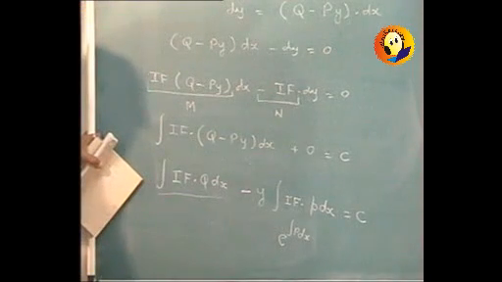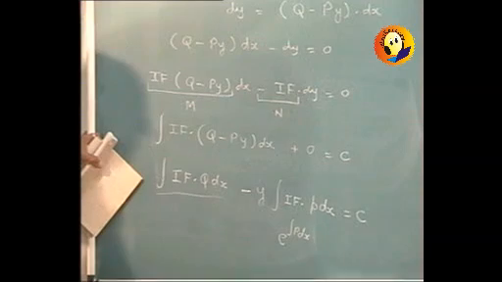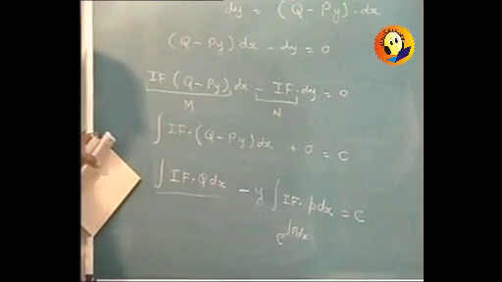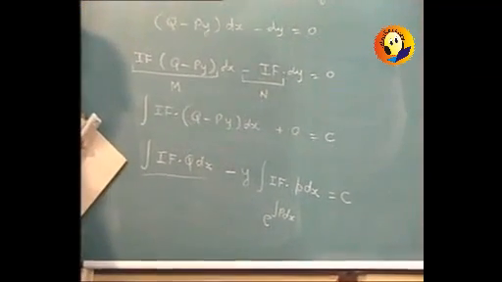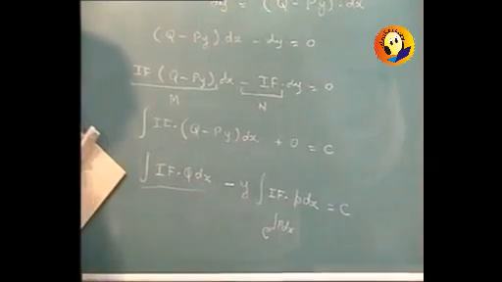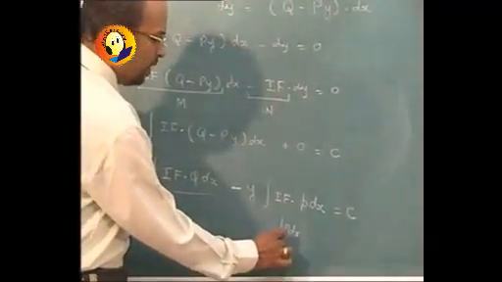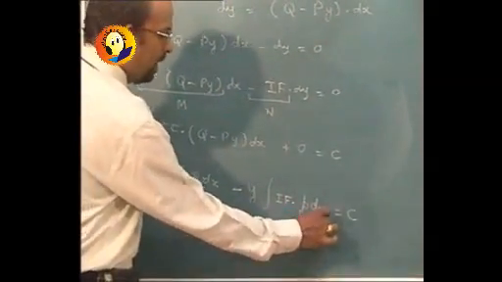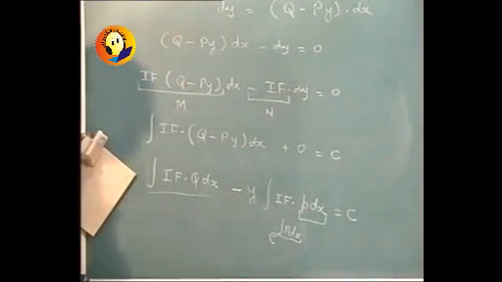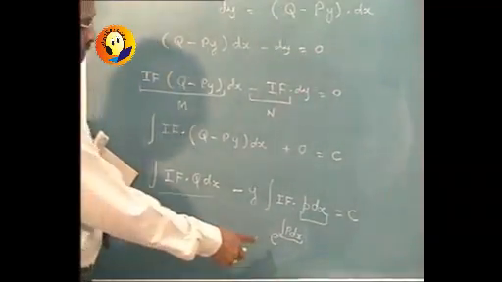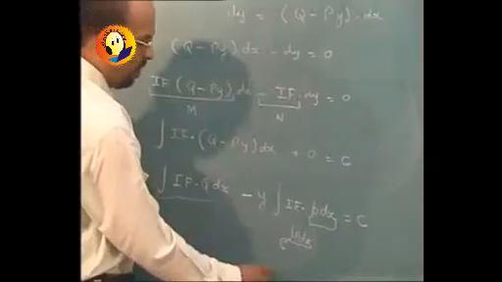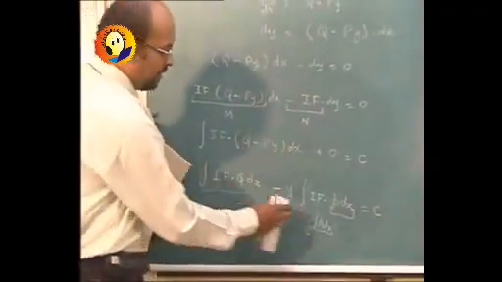So integral of IF into P dx can also be integrated by substitution, and that answer will simply come out to be e raised to integral P dx, because differentiation of integral P dx is nothing but P dx. So it will be in the form that e raised to f(x) into f dash(x) dx will be the format for the integration of it.